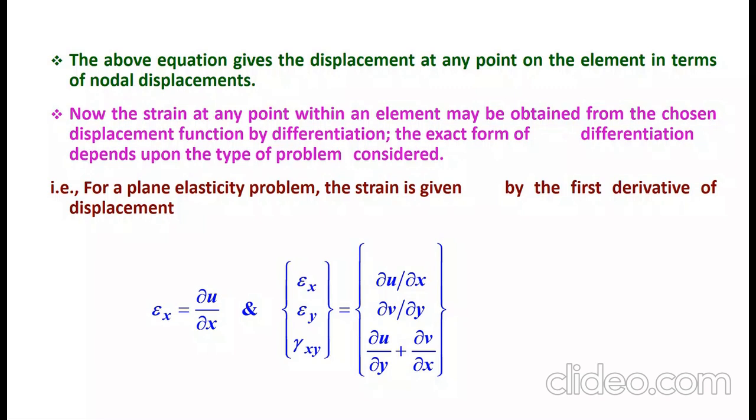Now the strain at any point within the element may be obtained from the chosen displacement function by differentiation. The differentiation depends upon the types of conditions. Here we are considering the strain displacement functions, so we are introducing the strain for finding the displacement equations.